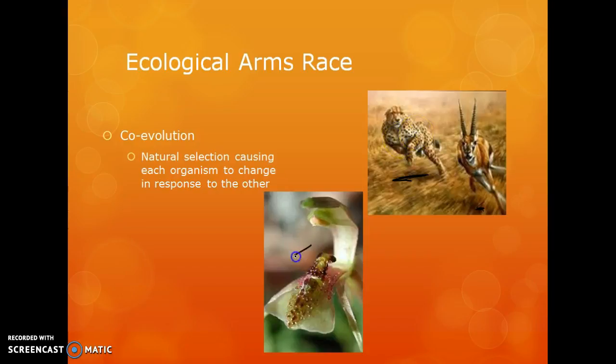This is not actually a bug here. This is a flower. This is an orchid whose petals have over time evolved to look like a female wasp sitting on there in order to attract other wasps, particularly male wasps, so that they will come and pollinate the flower.